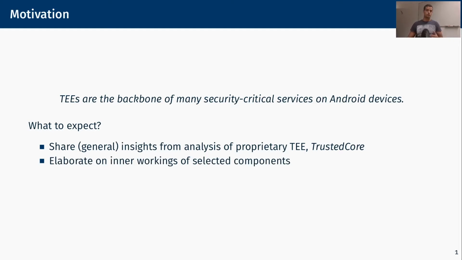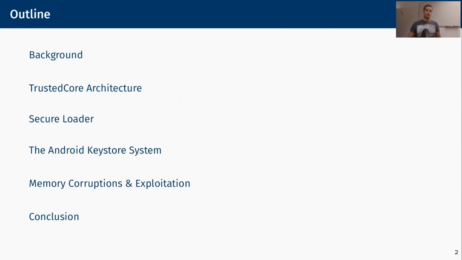First, we're going to elaborate on the inner workings of selected components, and I'm going to show you the design and implementation flaws that we found in this implementation. So the outline looks like this. First, we're going to cover some background on Android and the usage of TEEs. Then we're going to look at the TrustedCore architecture.